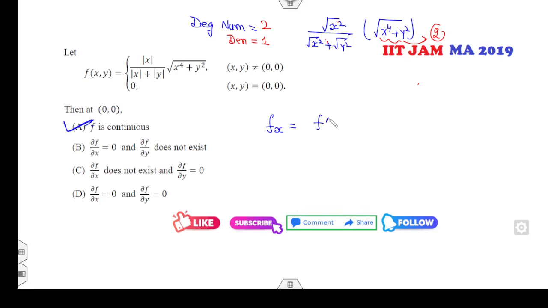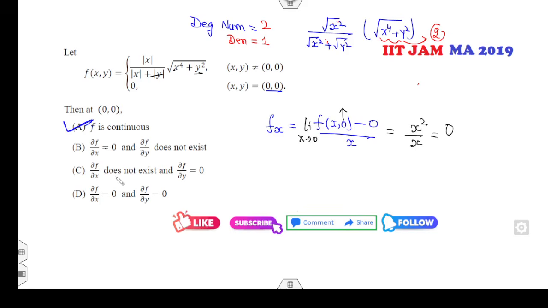f of x comma 0 minus f of 0 comma 0 divided by x. Whenever y is equal to 0, this component will be 0, that will be 1, that is my x4, that is x square divided by x, which is 0 as limit x approaches 0.